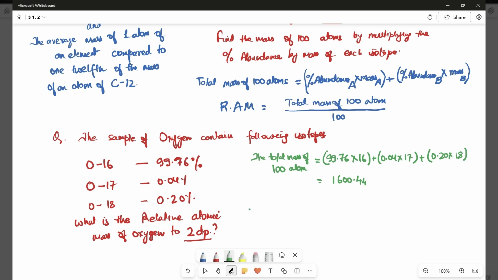The mass of one atom. How to calculate mass of one atom? So one atom will be 1600.44 divided by 100. So I'm getting 16.004.